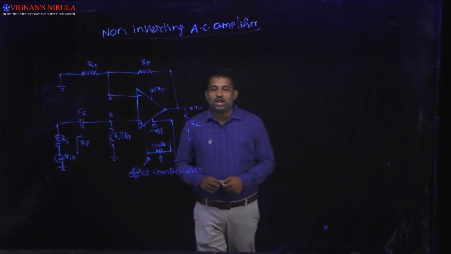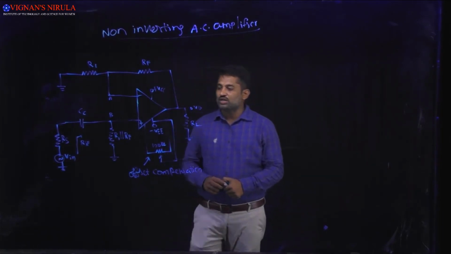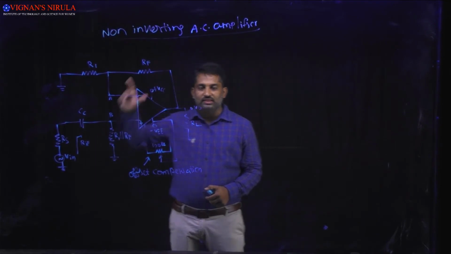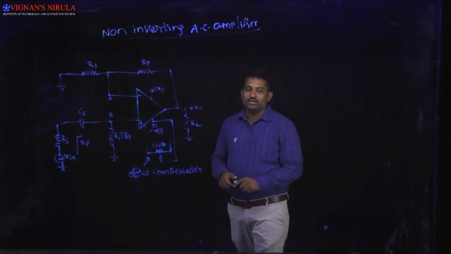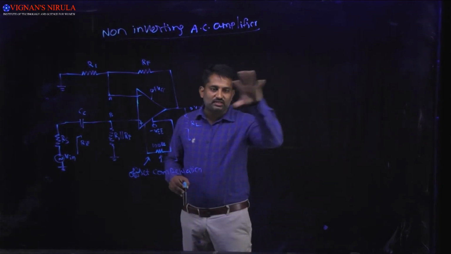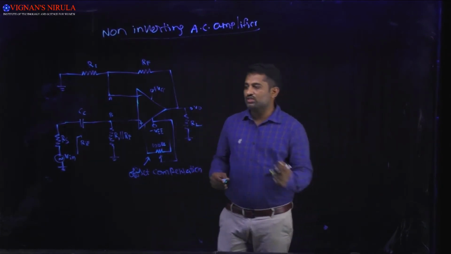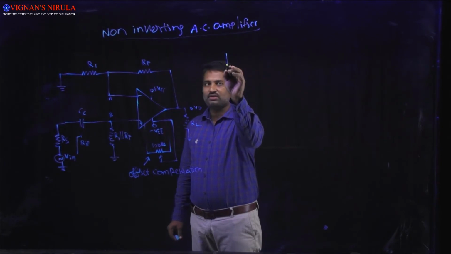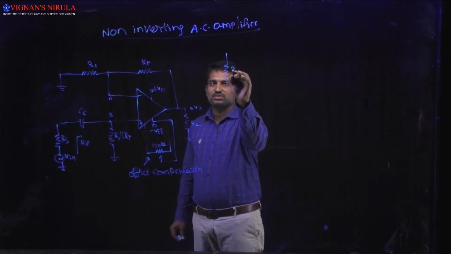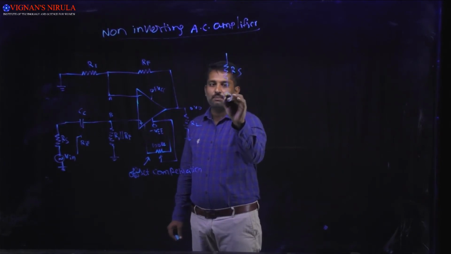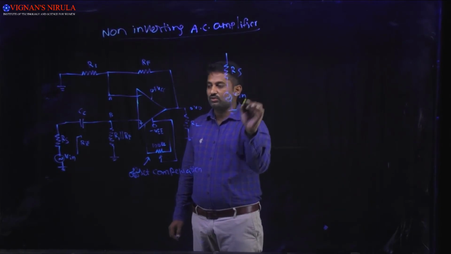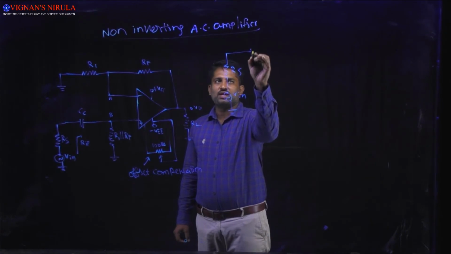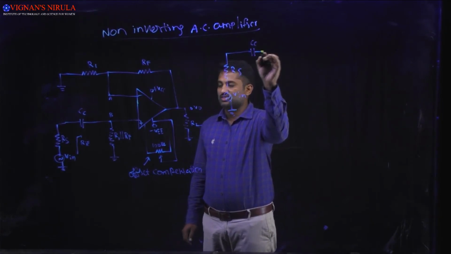If you observe the input circuit, it looks like the circuit of the inverting AC amplifier. Here I am going to represent that input circuit. See this one. Here we have the source resistance RS, and here we apply the input Vin, connected to ground, and here we connect the capacitor CC.